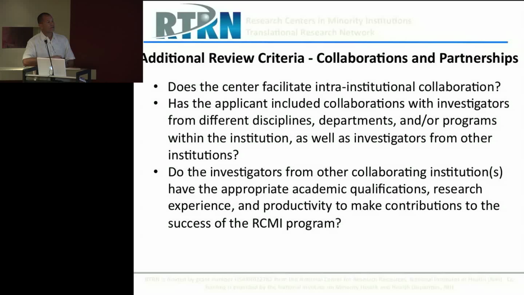I then looked at the area where it said the review criteria. So what are the reviewers going to look for when they review the section on collaborations and partnerships? Does the center facilitate intra-institution collaboration? And both the Vivo profile system, Eagle Eye, those also help facilitate intra-institutional collaboration.